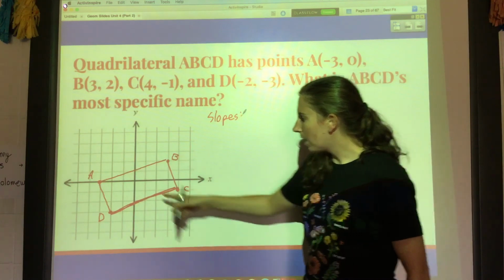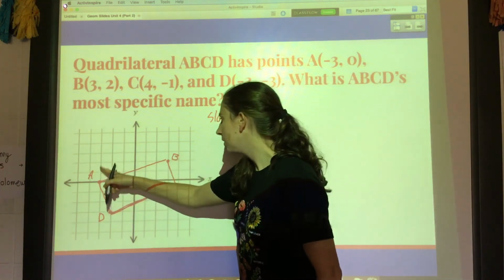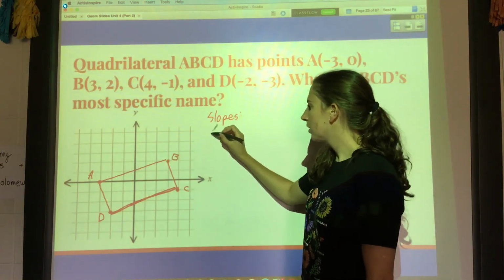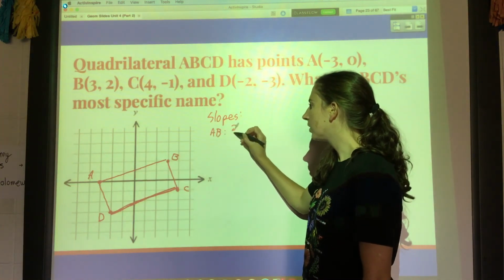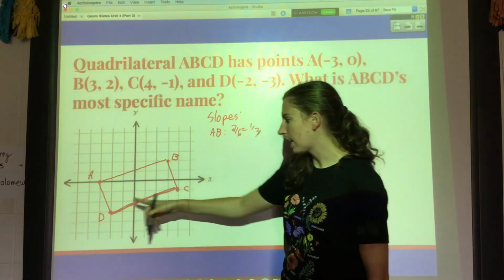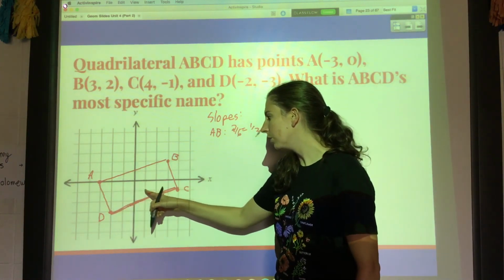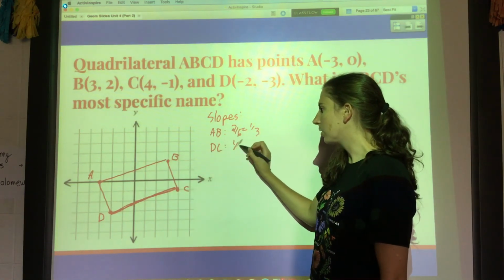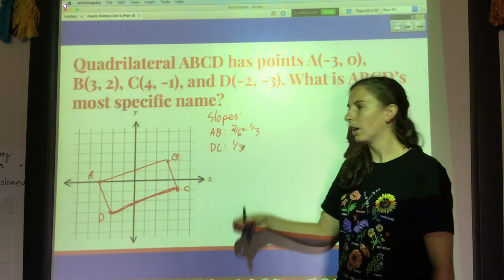The slope of AB is up 2 over 6. So the slope of AB is 2/6 or 1/3. Let's make sure this one's the same. Up 2 over 6. Okay. So DC is the same, also 1/3. Those are parallel, that's good.